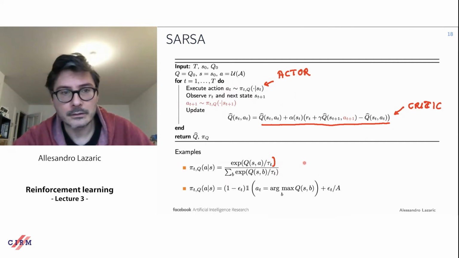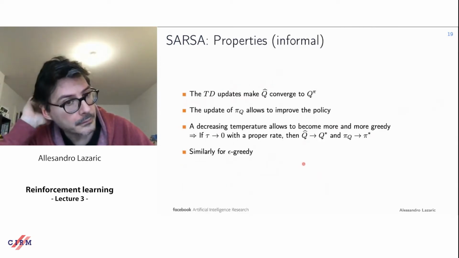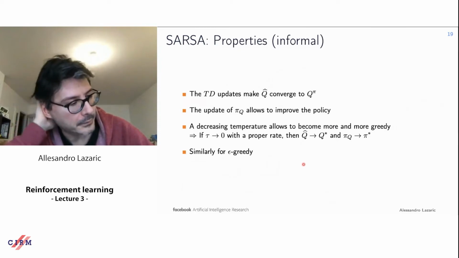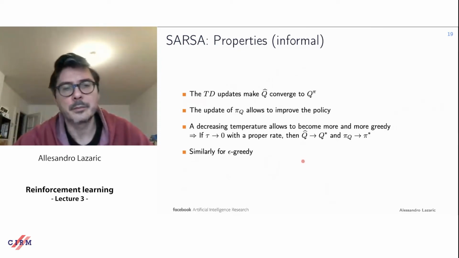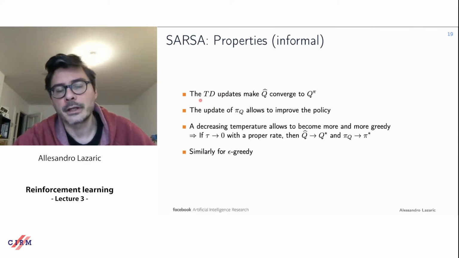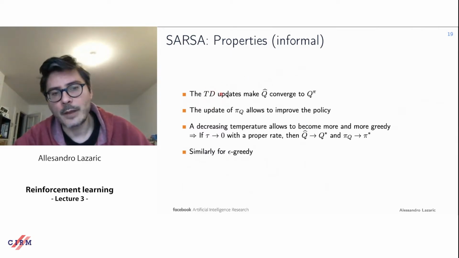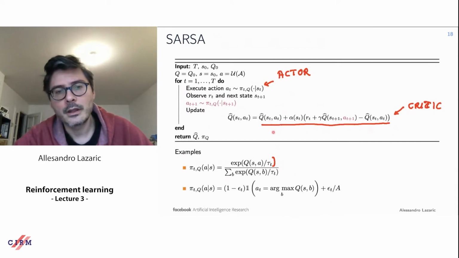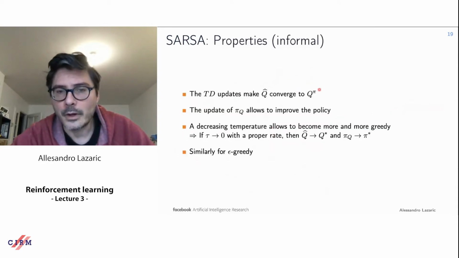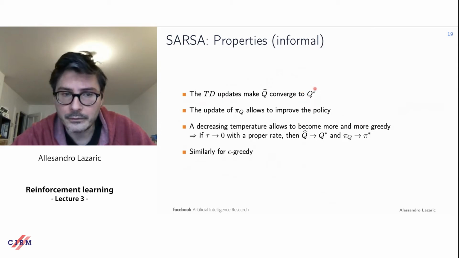So again, the nice properties of these, here I don't report it really as a theorem because things are a little bit more complicated, but intuitively we know from TD learning that updating the critic this way is the right way to converge to the value of that policy.